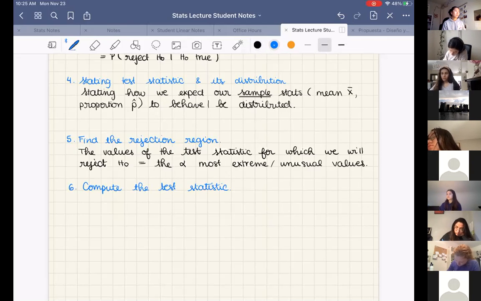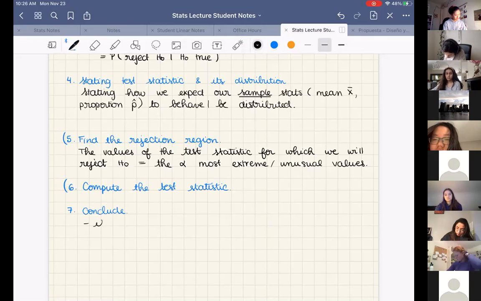And then in step number 7, you have 2 very clear things that will allow you to draw a conclusion. You have a rejection region and you have a test statistic. So if your test statistic falls in the rejection region, you reject the null hypothesis. If your test statistic falls outside of the rejection region, then you do not reject the null hypothesis. Okay, so here you conclude. I'll specify how.